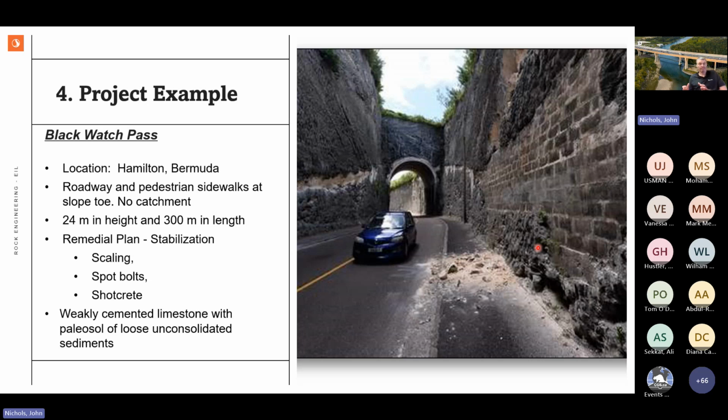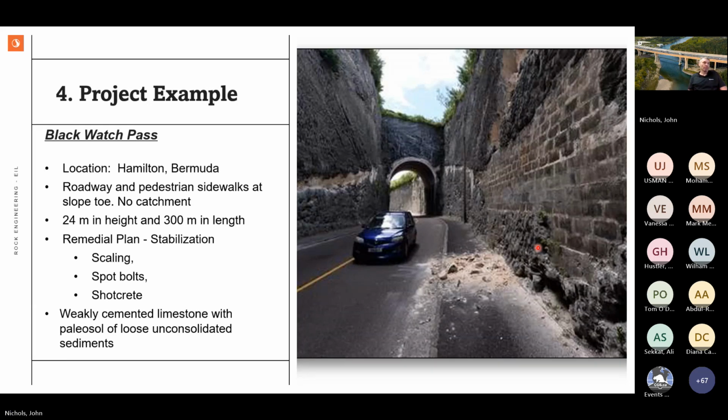There's really no catchment here. So whoever designed this, and you can appreciate it's a very steep, narrow cut in the rock, with a bridge in the middle.